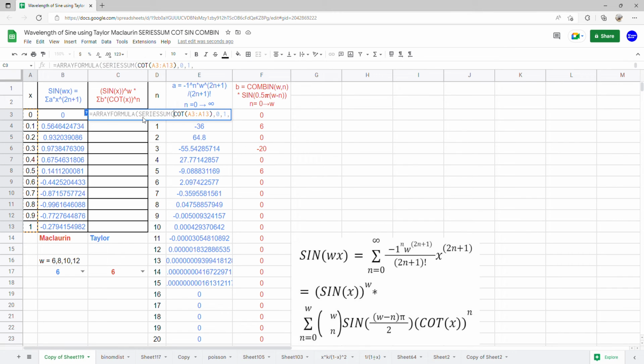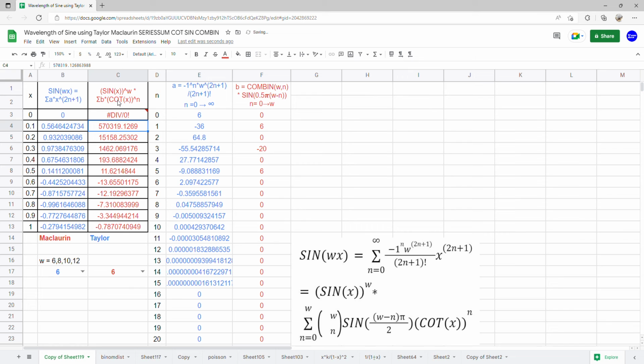I forgot the series sum. So series sum cotangent x raised to the power n, starting from 0 incremented by 1, and the coefficient b will be this range.